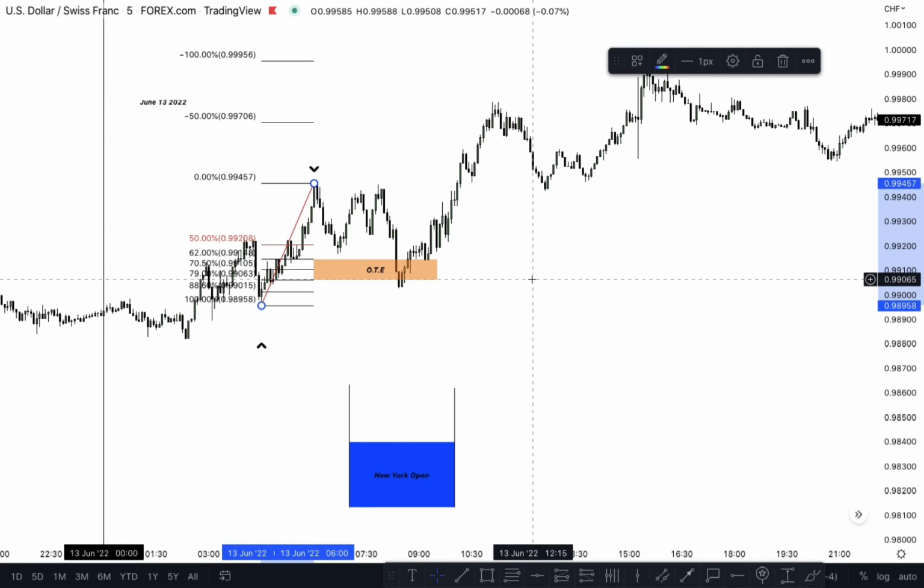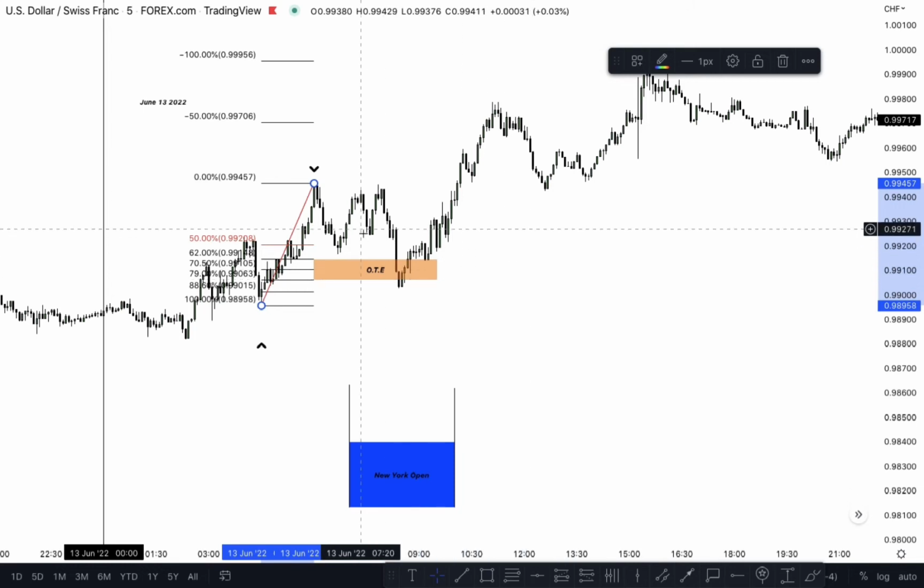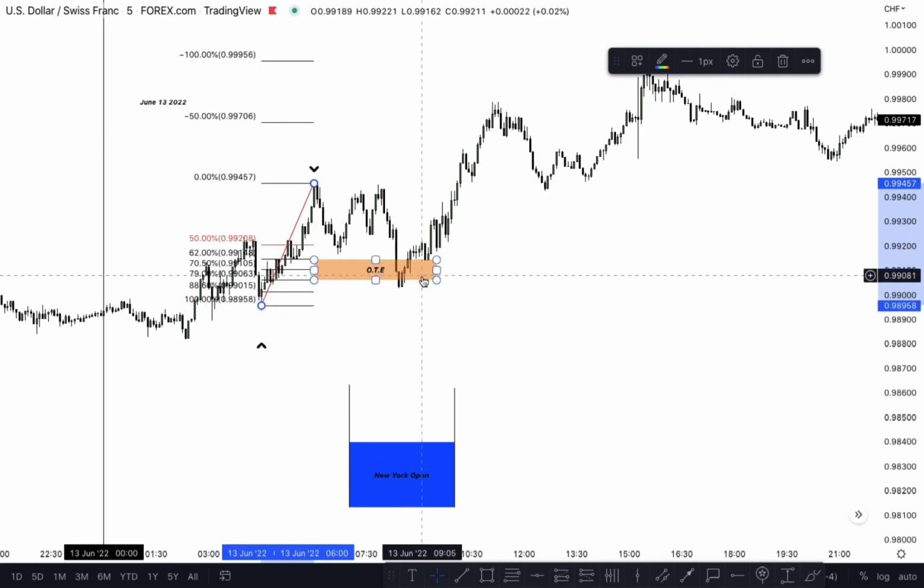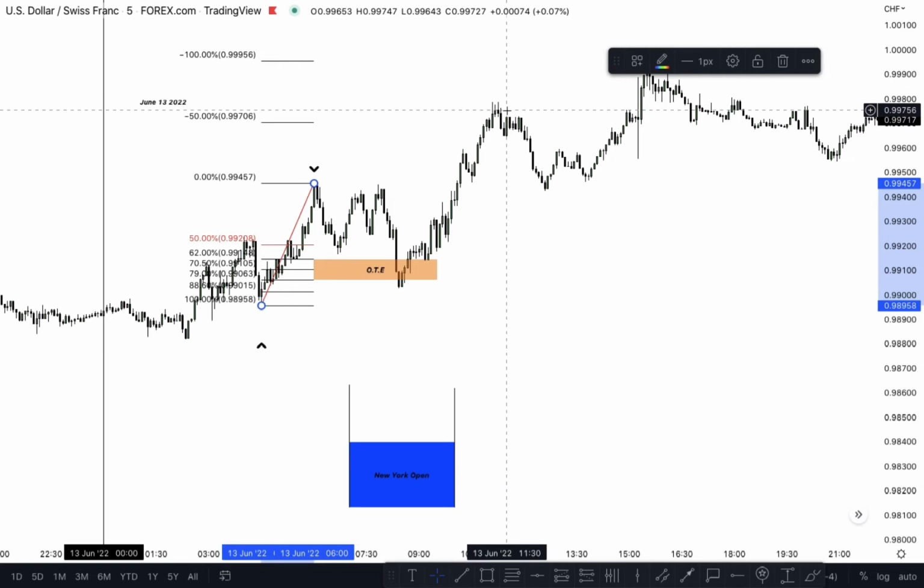Everything that you are taught or that you see is not going to be exactly the same every day, and is not going to be as precise as you may want it to be. These things are out of our control. You can see price comes below the 79% retracement level, but does ultimately still give a nice entry to go long, but your stop loss would probably be below the swing low here. You go long for that continuation.